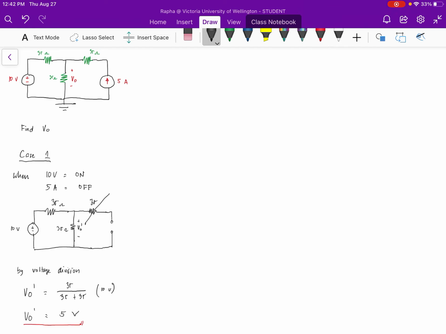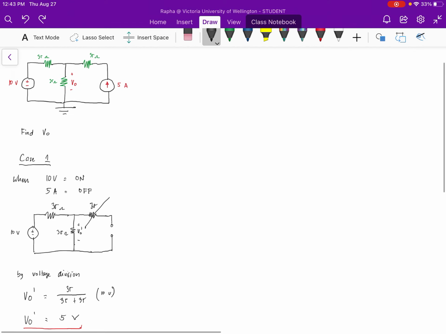Then case 2 is when the 10 volt voltage source is turned off and the 5 ampere current source is turned on. So what will be our resulting diagram?